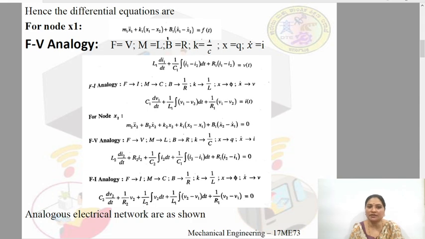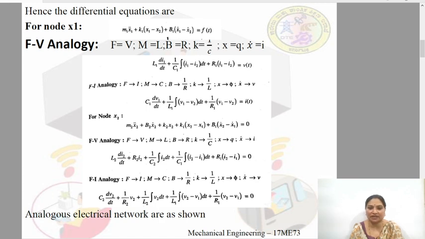Now applying the force voltage analogy. In case of force voltage analogy, the force is to be replaced by voltage and similarly the analogous terms are to be replaced. So force is equal to voltage, mass is equal to inductance L, damper B is equal to resistance R, spring K is equal to 1 by C, that is capacitance, X is equal to Q, and X dot is equal to I. The above equation should be replaced with these terms.